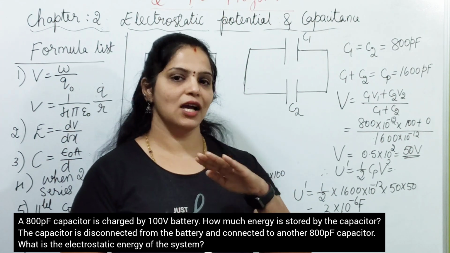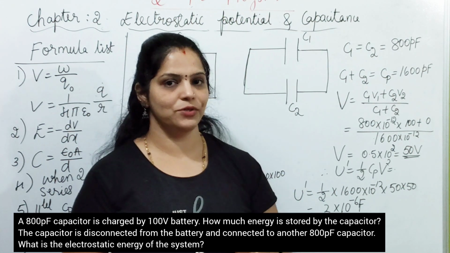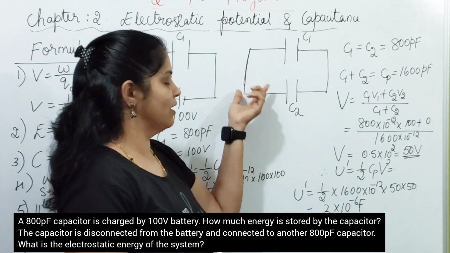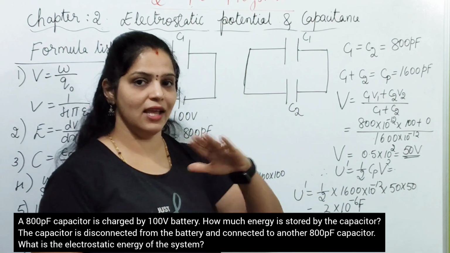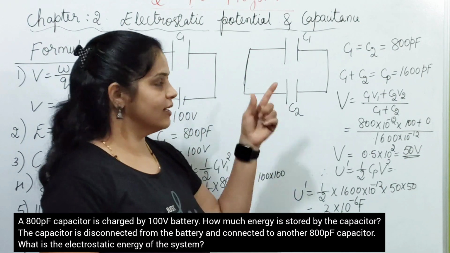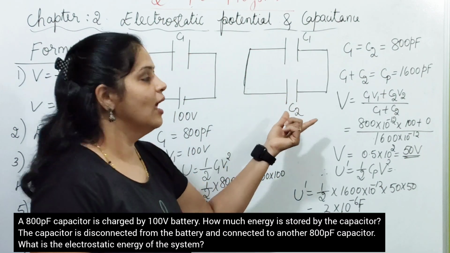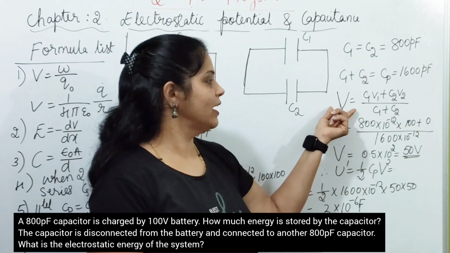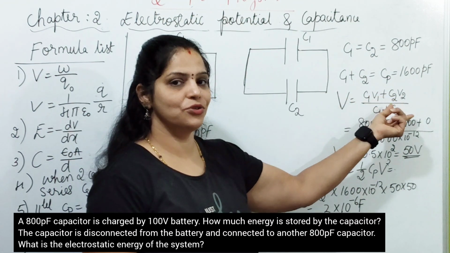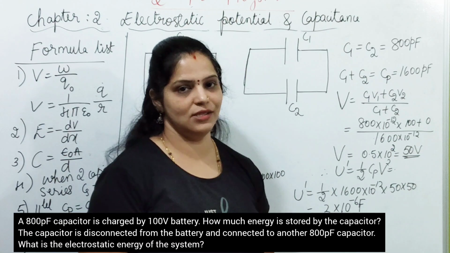By that time charging stops. Okay, so the charge is not flowing further. Once both the capacitors are having the same potential, then it is called the common potential, and we can use this formula to find out the common potential. That is V is equal to C1 V1 plus C2 V2 divided by C1 plus C2.